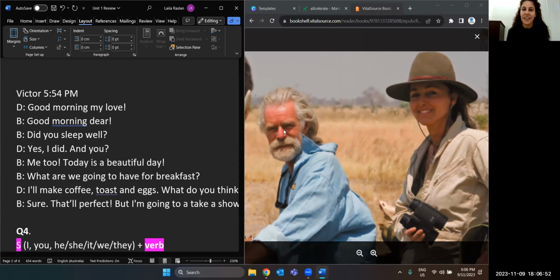Or maybe he's telling her about his sick grandma. So we have to use what we learned in this unit to ask about people's name, their job, their location, their nationality, their age. And she can say, oh, what is your grandma's age? And what's her name? Something like that.